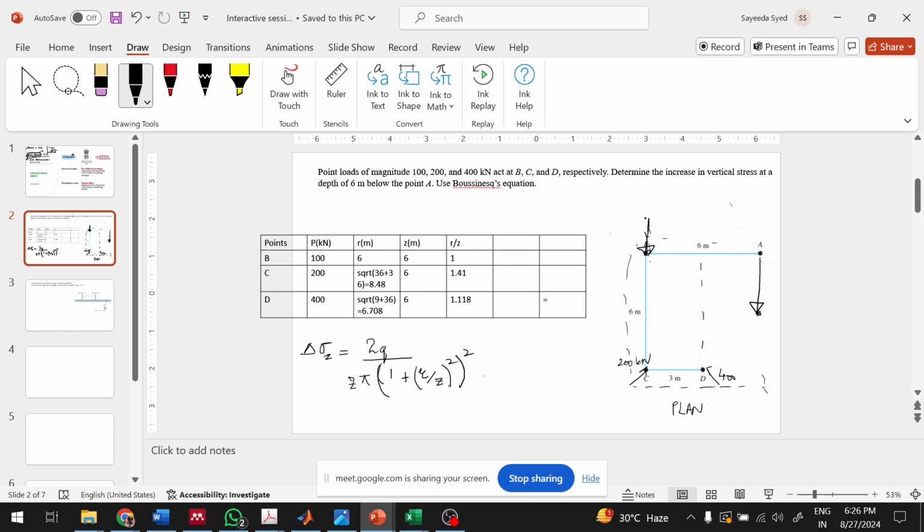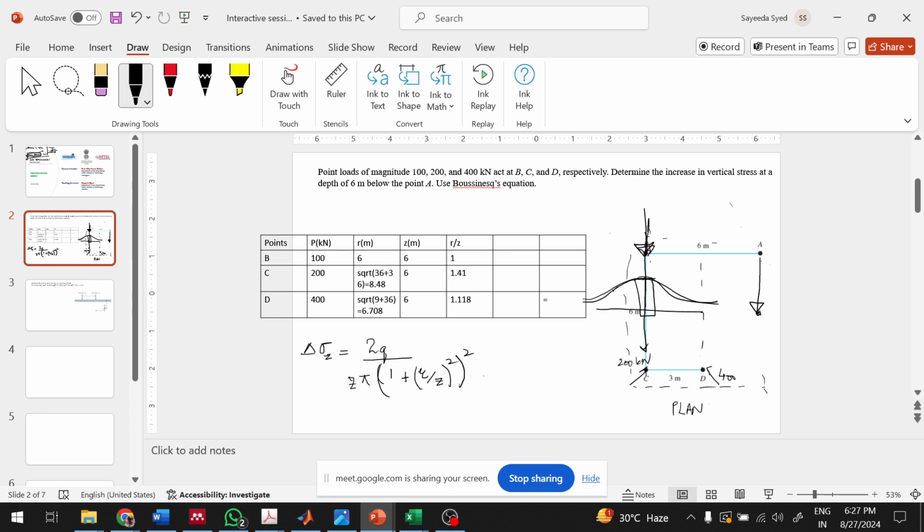But say you are loading the soil here, it does not mean that only the soil particles below this will get loaded. There will be a distribution of this load along the soil, and this distribution takes place in this kind of a pattern, that most of the stress is taken by the particles directly below the point load, and then as we go away from this point load, the stress on the particles decreases.